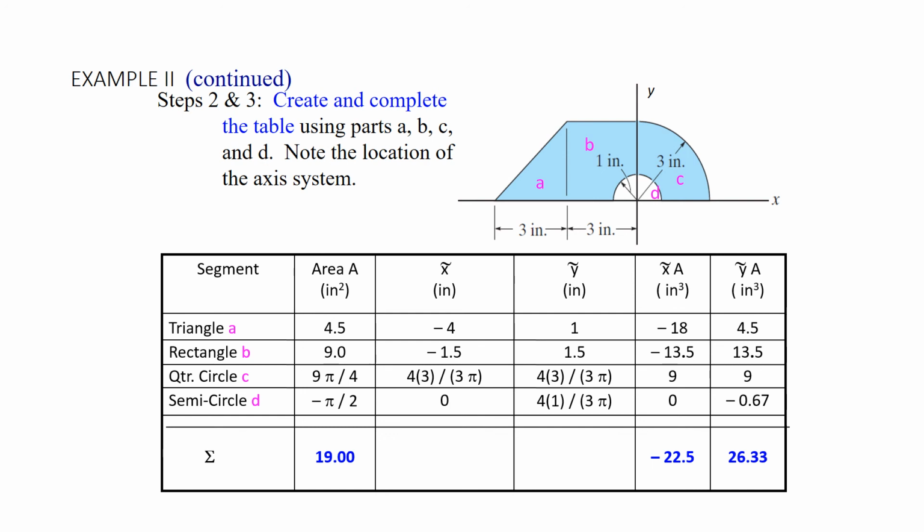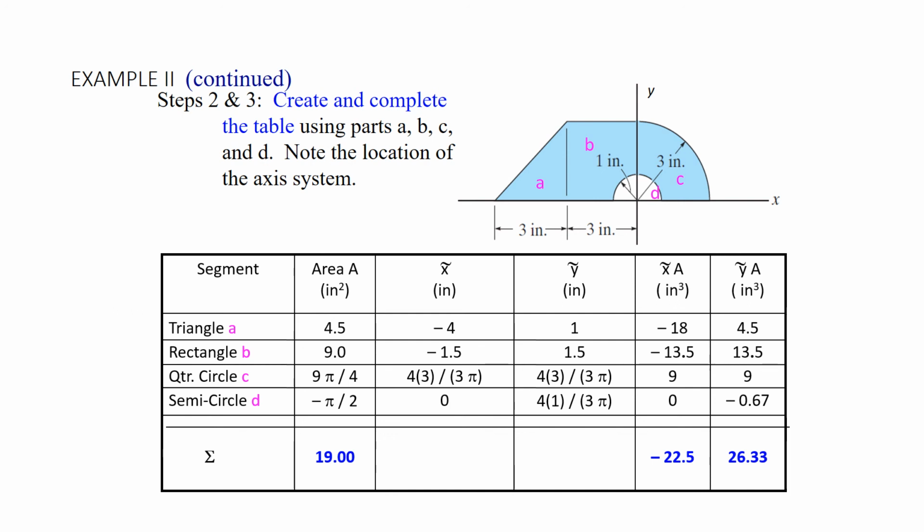Let me pick one example of each type. Let me pick y tilde for triangular slab A. We'd need to find the centroid up from the x-axis, and we know that when you're looking at the centroid of the triangle, it's 1/3 of the way from the longer side to the shorter side, so it would be 1 inch up from the x-axis. So that's why we have y tilde of 1.